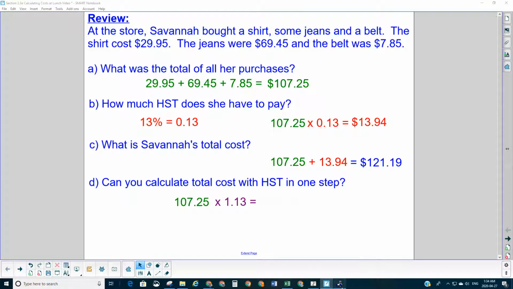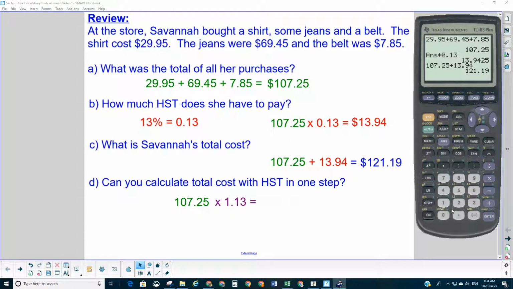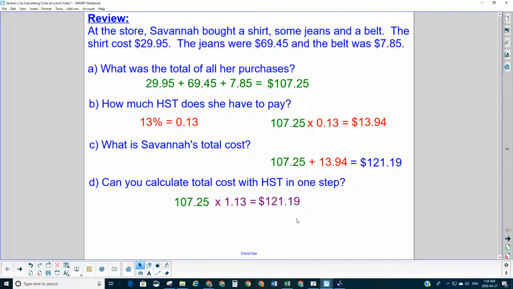So if we just go to our calculator and we try 107.25 times 1.13, we'll get 121.1925. Again, make sure that this just stays at 19, and we get the exact same price. Okay, now for what we're going to be doing today, we're going to do it in 2 steps instead of 1 step, but I want to make sure you remember how you can do it in 1 step.